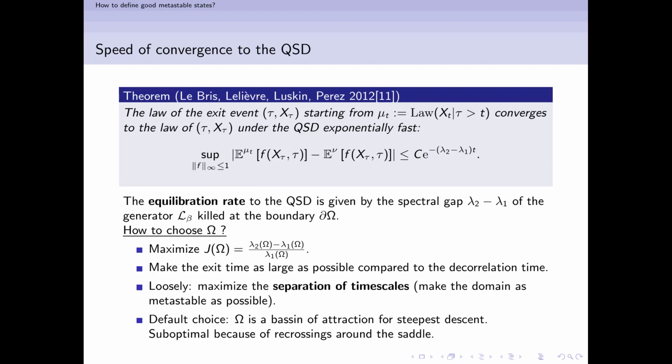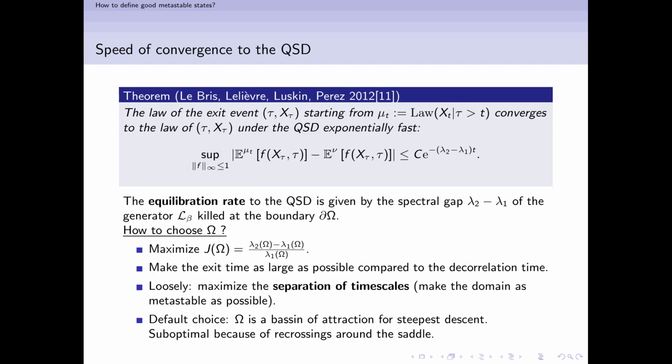Is the thing you want to be really big. Right. You want to converge fast to the QSD, and then you want to exit slowly from the QSD. So it gives you some kind of spectral criterion on the domain for the efficiency of the algorithm.